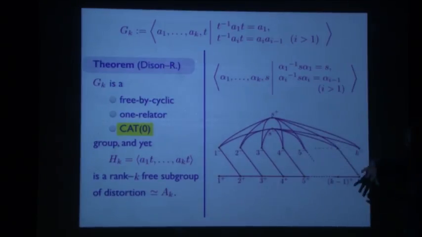So imagine this link graph. Metrize the edges so that the lengths of the edges correspond to the angles in the cells. You're slicing through cells, and you call the lengths of the edges the angles you're cutting through.